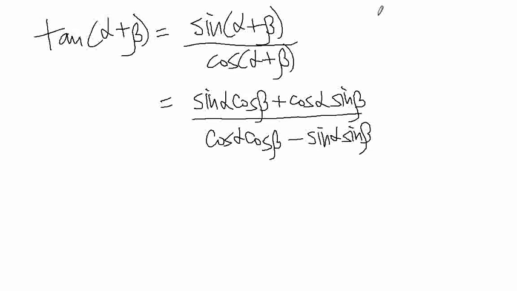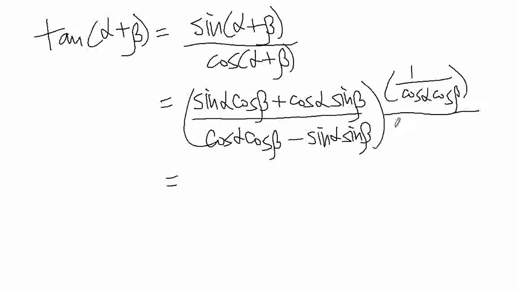Okay, now we need to somehow turn all the trig functions into numbers or tangents. So let's do this. Let me divide everything by the product of the cosine of alpha and the cosine of beta. So I'm going to multiply the top by 1 over cosine alpha cosine beta, and I'm going to multiply the bottom by 1 over cosine alpha cosine of beta.